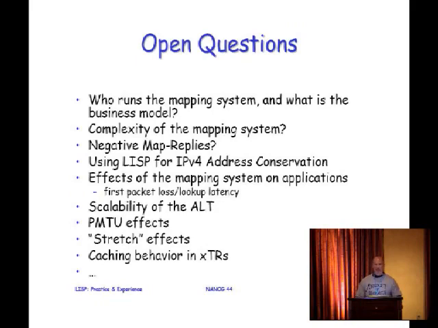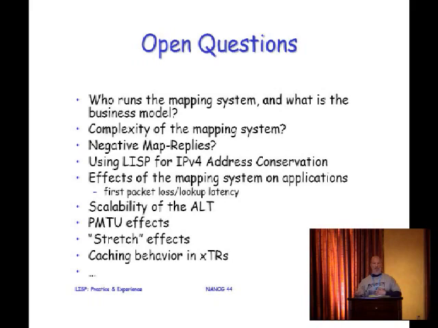Is the mapping system too complicated? It's a complexity issue. I'm always really sensitive to that, so I'm not sure. Negative map replies are an interesting one. So you're an ITR, and you're sending a map request for a piece of the EID space that doesn't exist. There's nobody there. How do you know to stop sending them? What we didn't want to do was change the ALT router, which is just a BGP router.